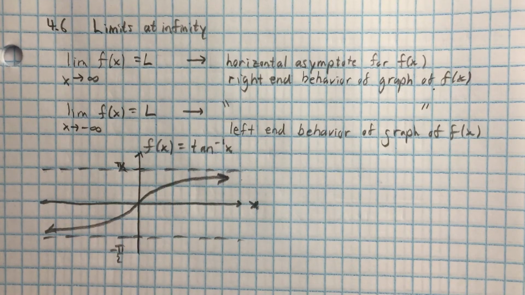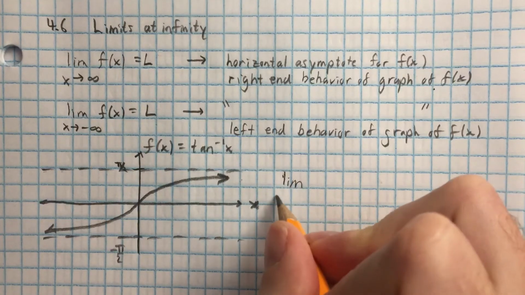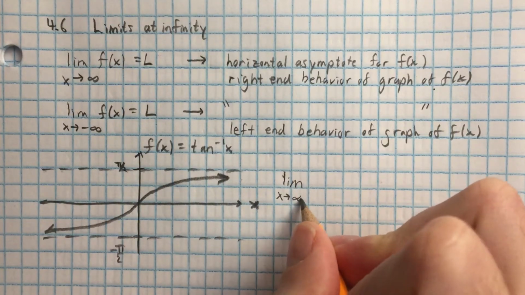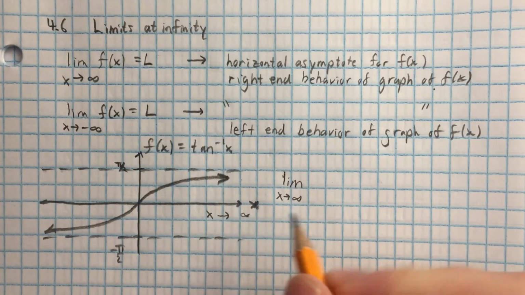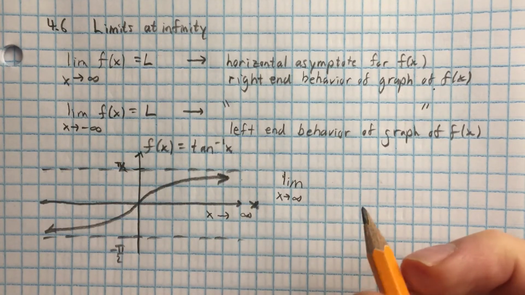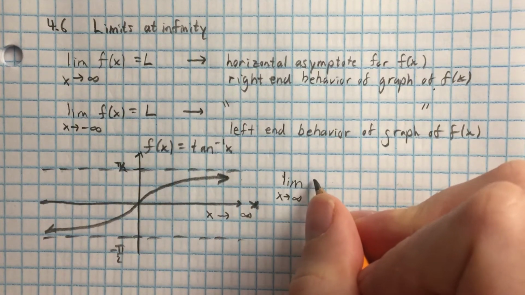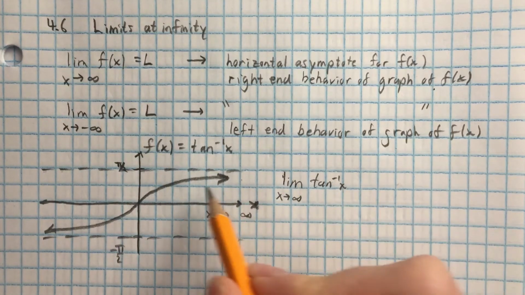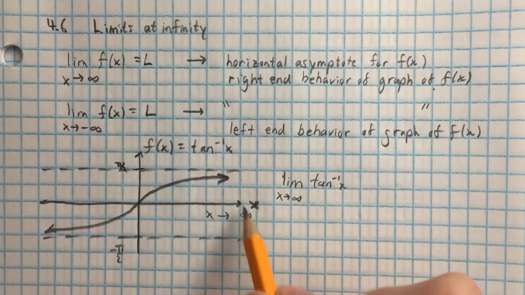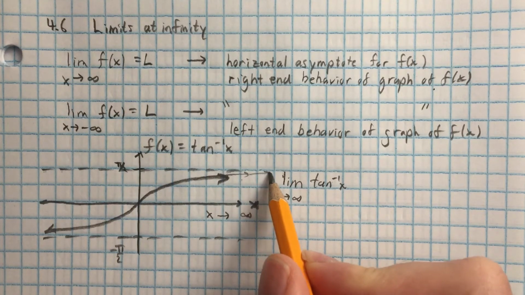Okay. So certainly here, the limit as x approaches infinity, i.e. x is going out this way, further and further, the function tan inverse of x, as x gets larger and larger, the function is getting closer and closer, right?